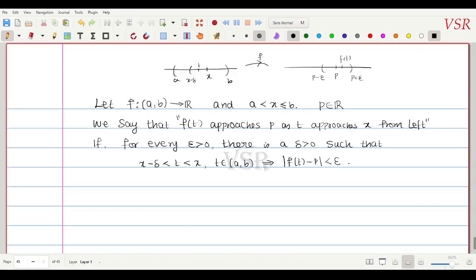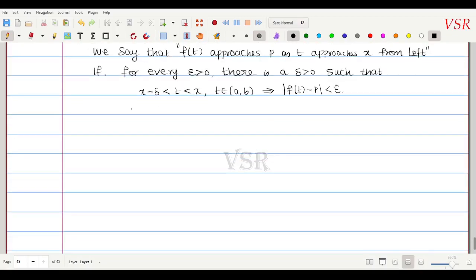Okay, then we write p equal to f of x minus, and limit t tending to x minus of f of t is equal to f of x minus.